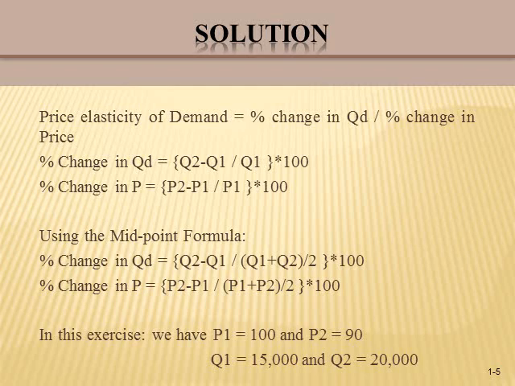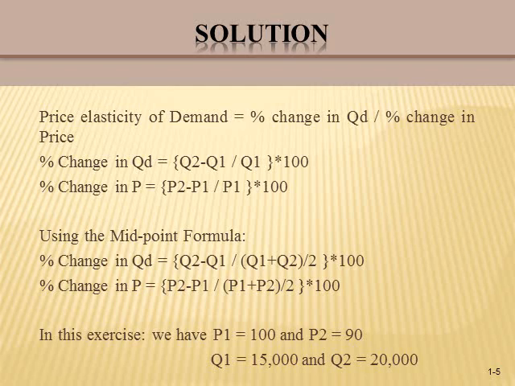If we apply the formulas to the exercise that we saw in the previous slide, they told us that the price is falling from $100 to $90. That means P1 is equal to 100, P2 is equal to 90. It's very important to determine P1, P2, Q1, Q2.